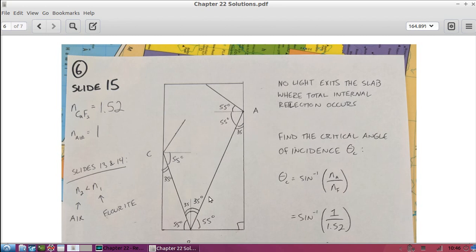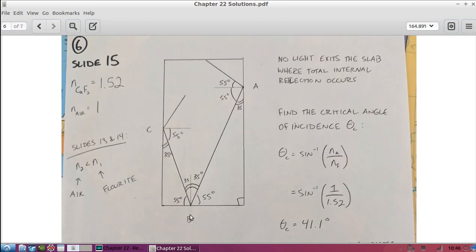This line right here is parallel to this line. Or I can take that 35 and take its complement, because this is a right triangle right here. 35, I can call that 55. Take 55's complement and call that 35. So the incident angle at point B is 35 degrees. So I basically do the same process again. You kind of see a pattern here: 55, 35, 55, 35, and then 35 is my reflected angle here.